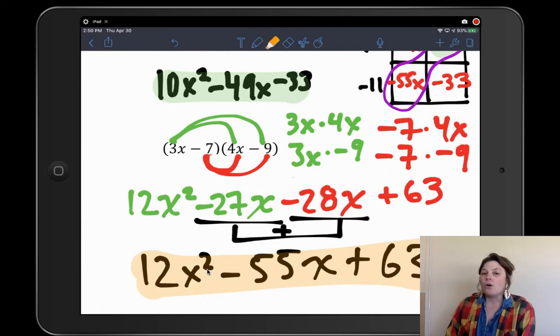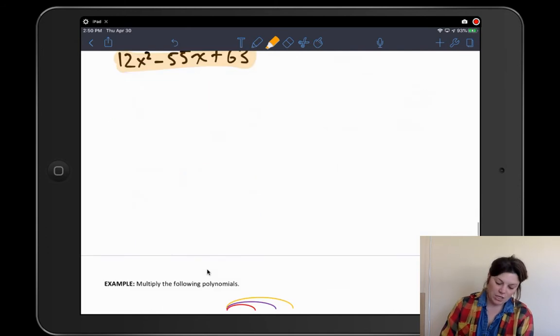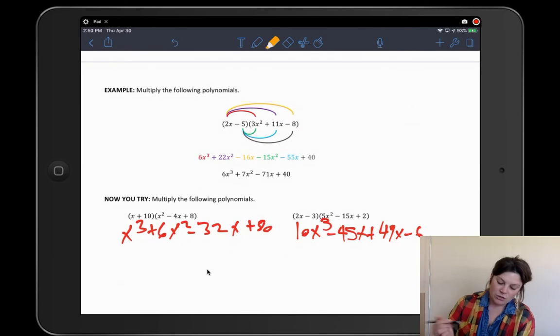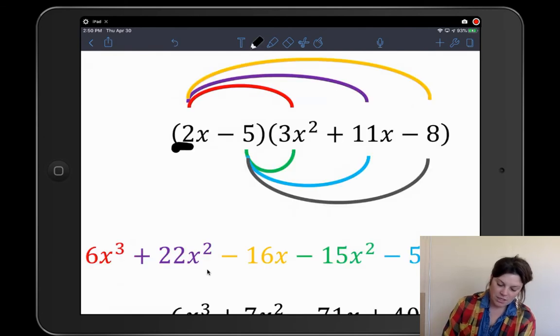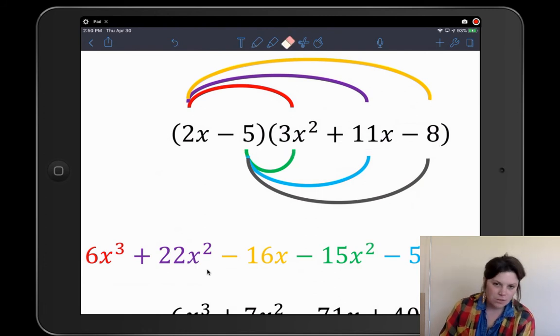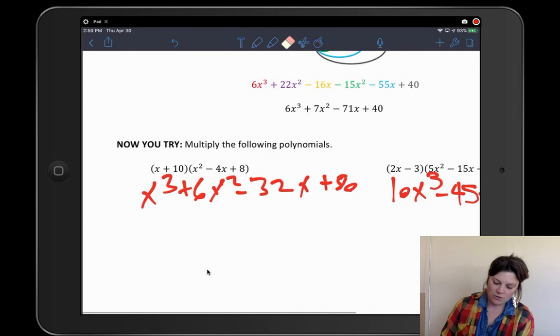Okay, now there's one other type of multiplication that you might need to look into, and that's when we have 2 very large things being multiplied. So again, you have a whole notes sheet on this, and you have videos to watch about this. So if you need to go back and spend a few minutes reviewing, I would definitely recommend it.